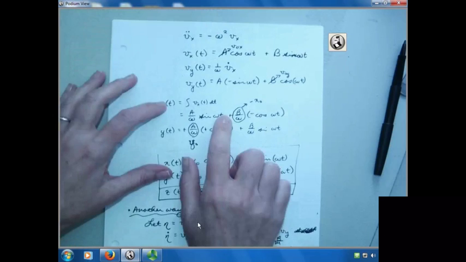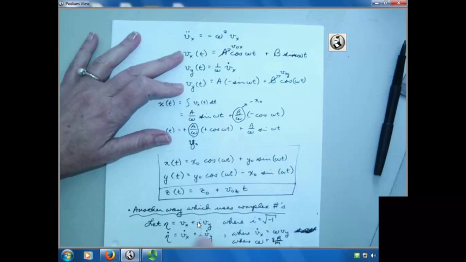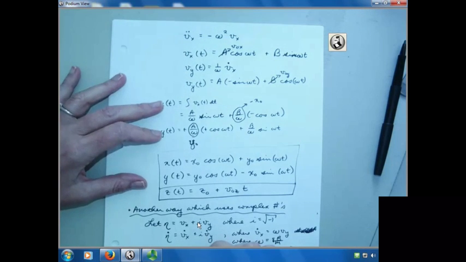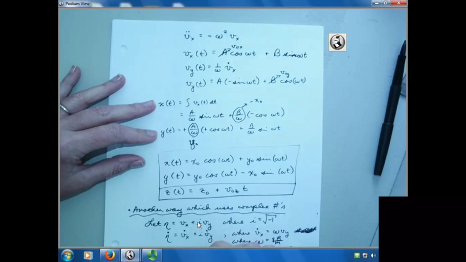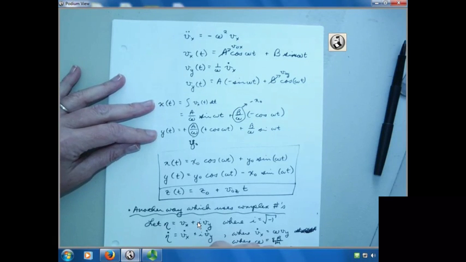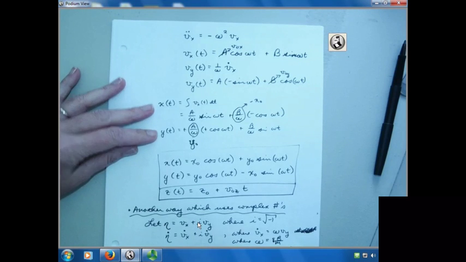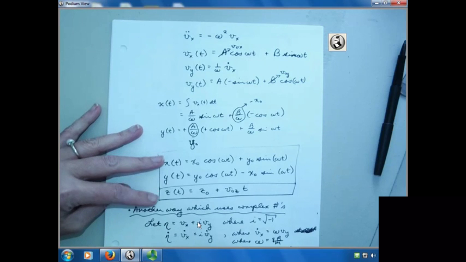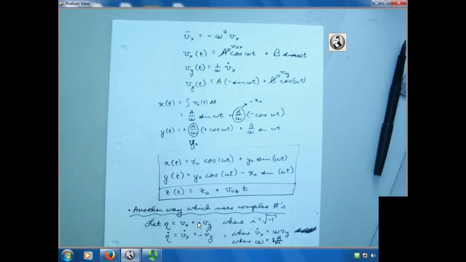That gives us an expression for v as a function of time. We can meet our boundary conditions to find the constants a and b. We can integrate v as a function of time to get the x and y components of location as functions of time, and meet boundary conditions there to find x, y, and z as functions of time.